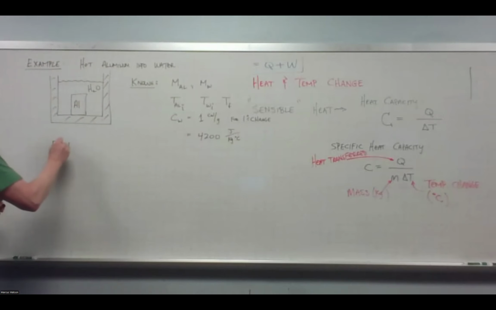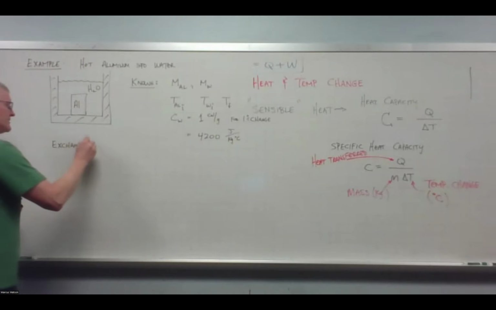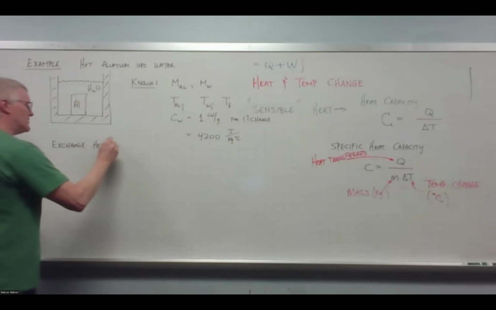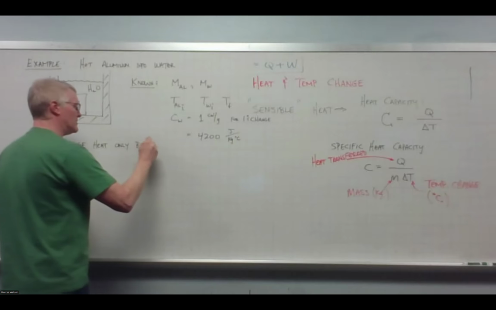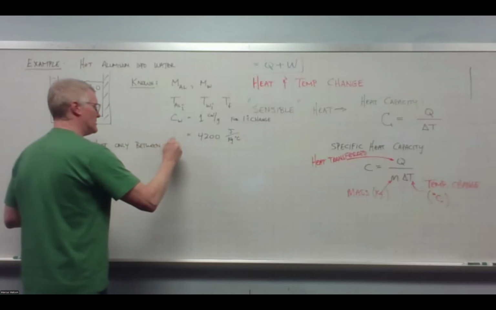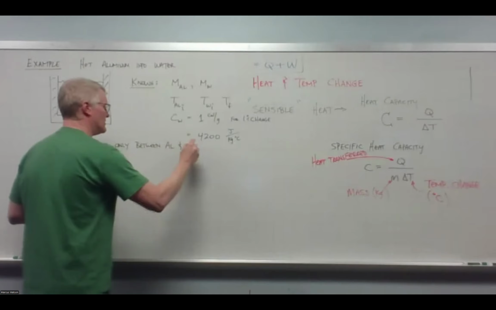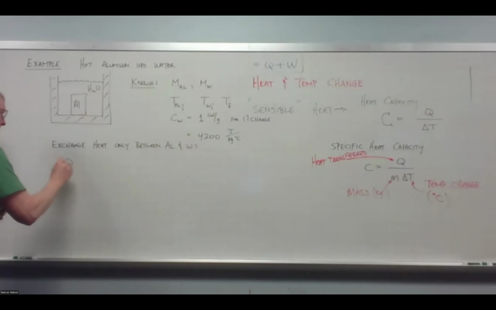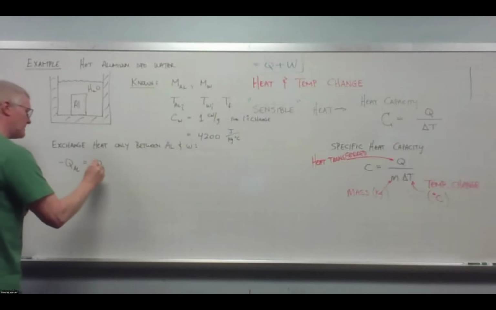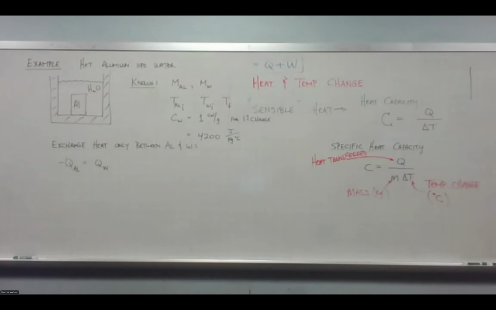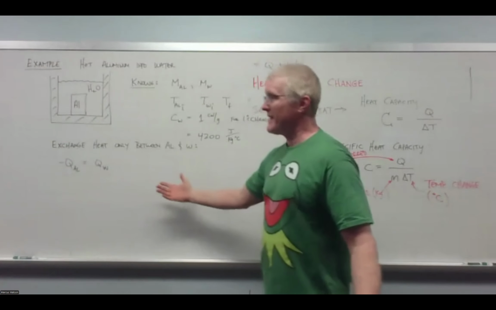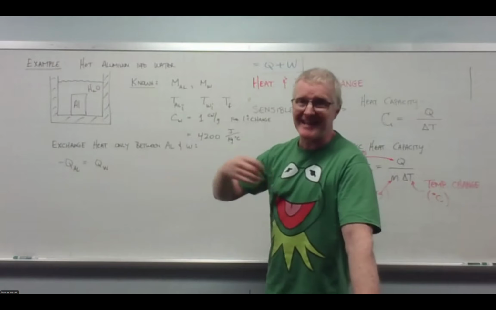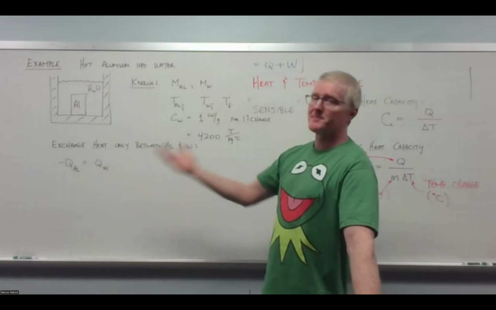They exchange heat only with one another. Since the aluminum is giving off heat and the water is absorbing it, we could imagine that the Q from the aluminum is negative, the Q from the water is positive.